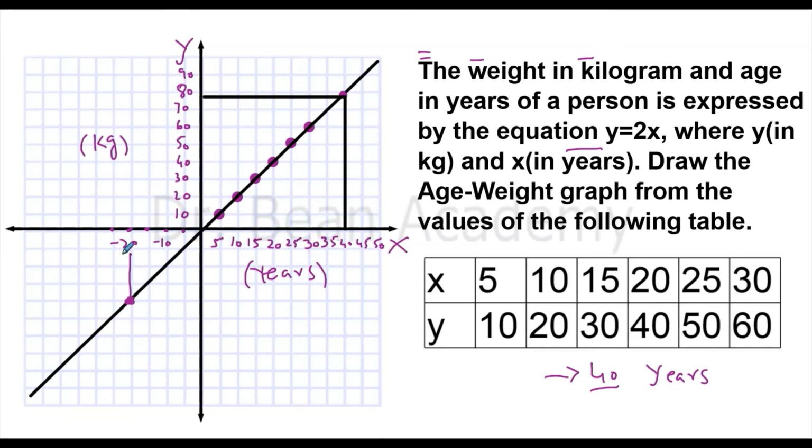That at the age of -20, his weight will be, now here I can also display the values for it, right? This is -10, -20, here it is -30, here it should be -40. So I can predict that at the age of -20 years, his weight will be -40 kilograms.